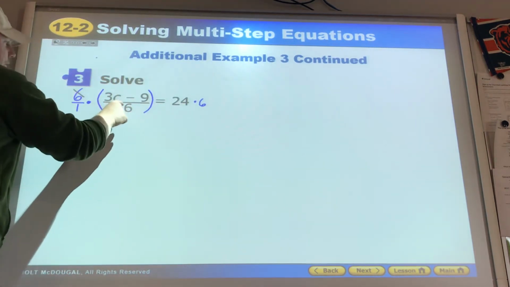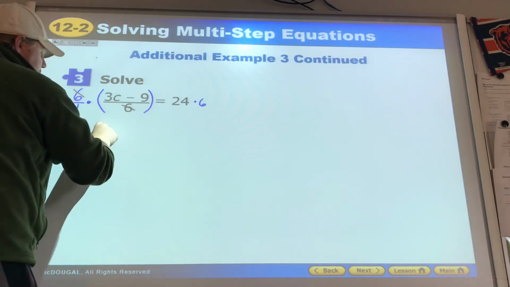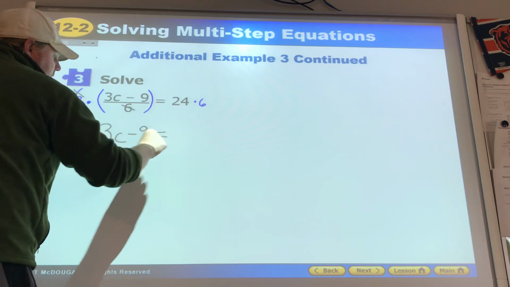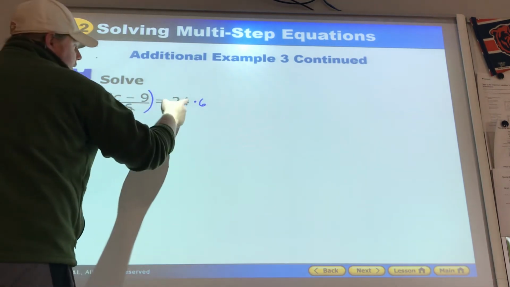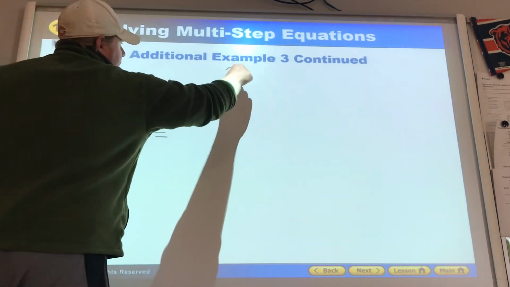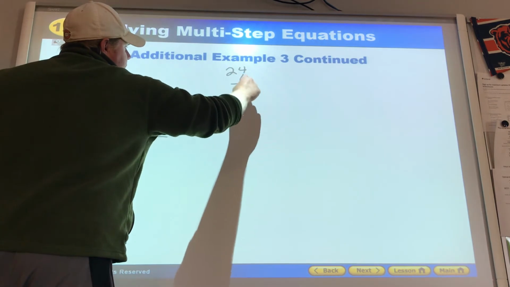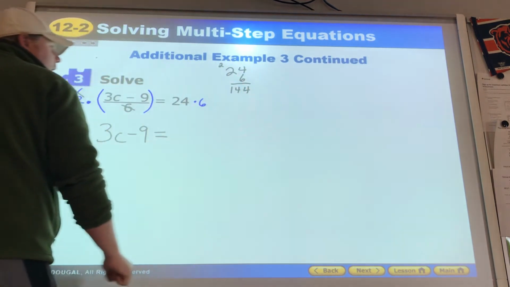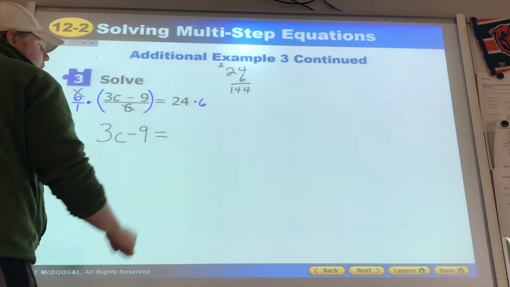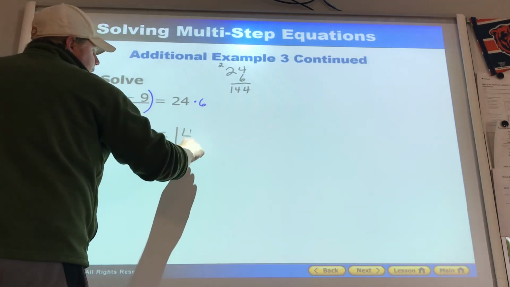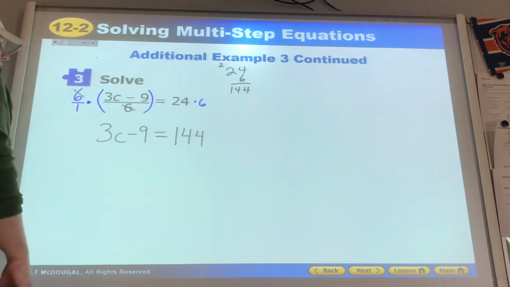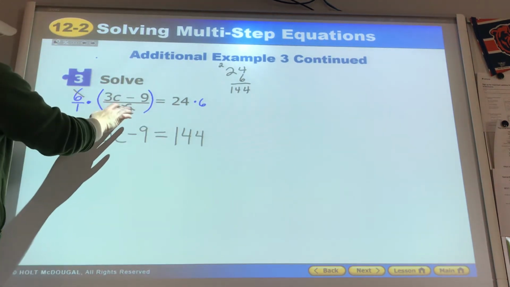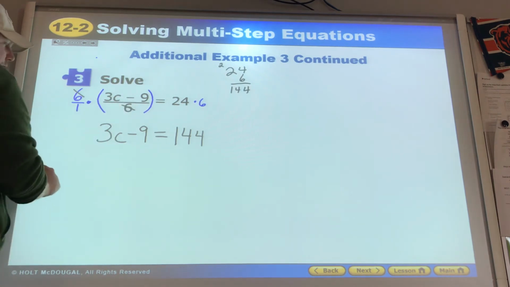I would get 3c minus 9 equals 24 times 6. I'm going to do that over here just to make sure. I believe that's right, 144. Now I'm ready to work with the problem I have. We got rid of the 6, or that denominator that was under both of them.